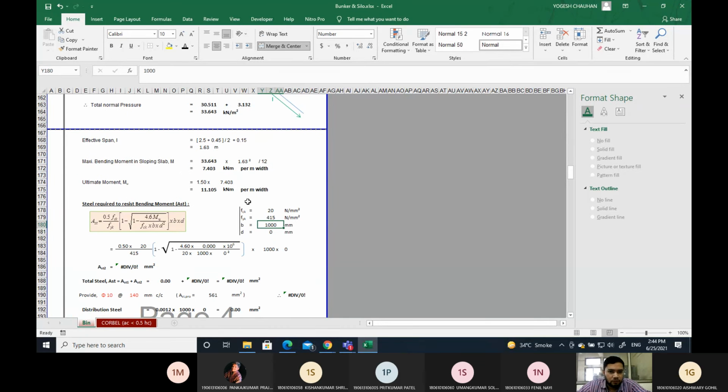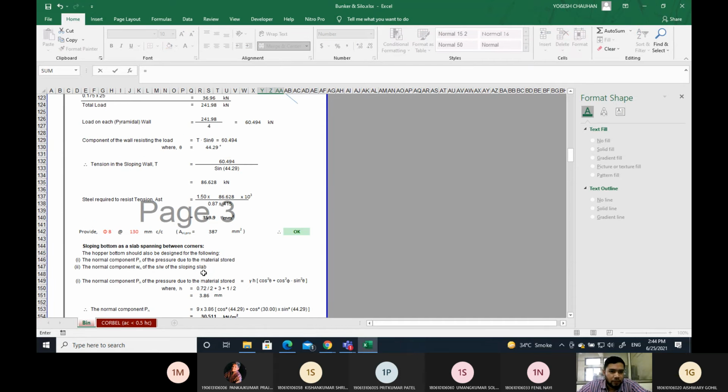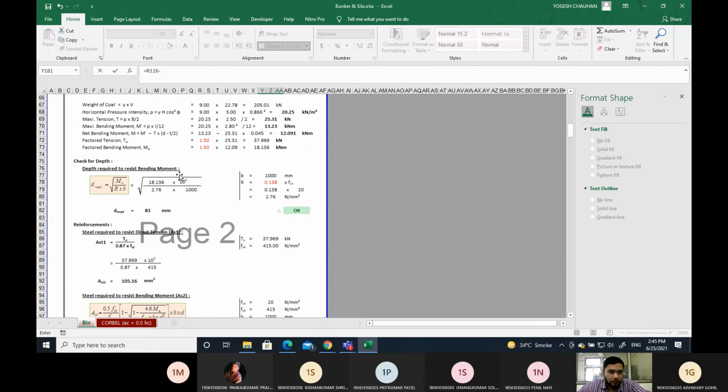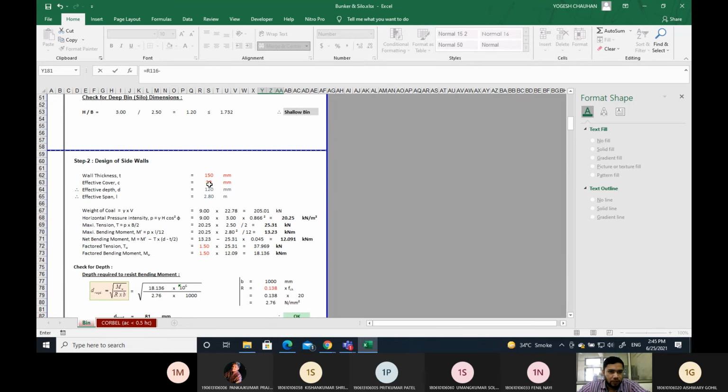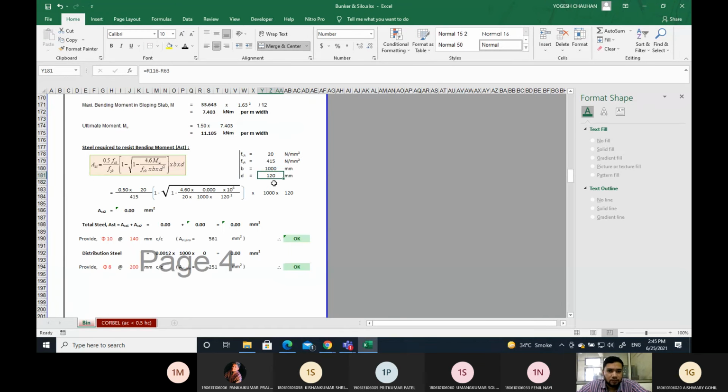Width is 1000 because we are finding for 1 meter width, and the effective depth is the same as earlier: 150, the thickness, minus the effective cover. Here also we are assuming the cover as 30 mm only, so minus 30.